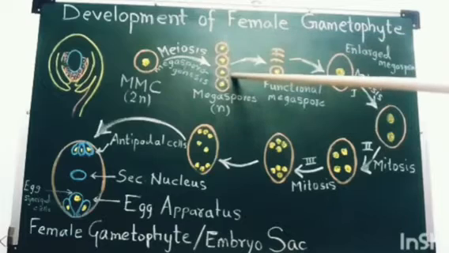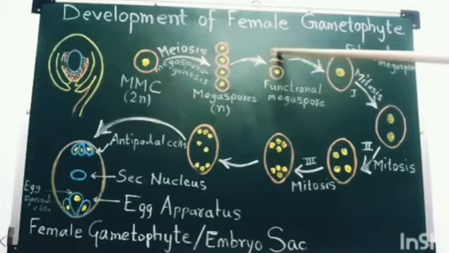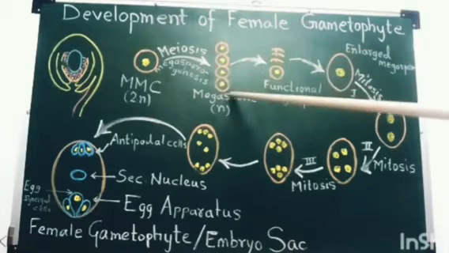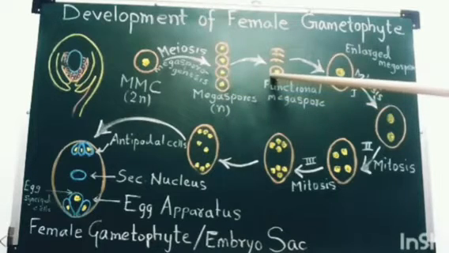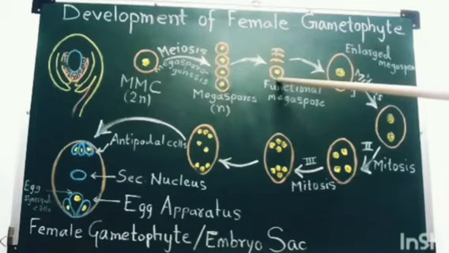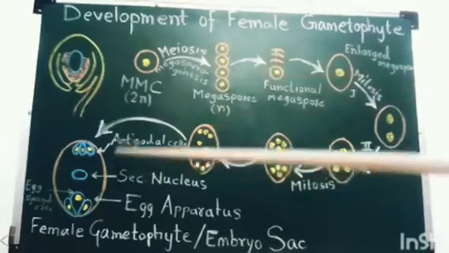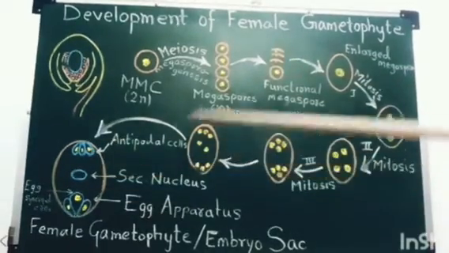Out of the 4 megaspores, the upper 3 degenerate, and only the lower megaspore remains functional, and this will act as the functional megaspore. This functional megaspore is also called the first cell of the female gametophyte.